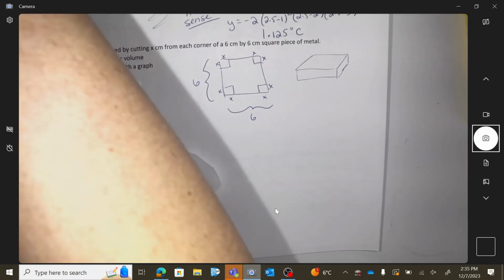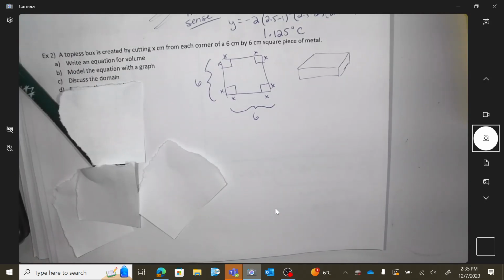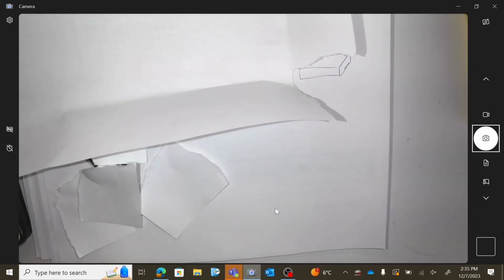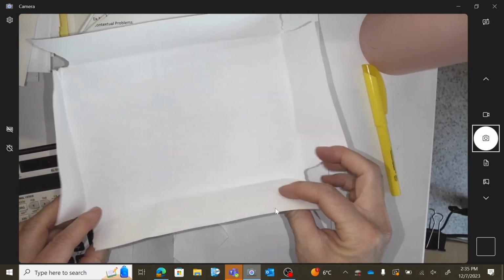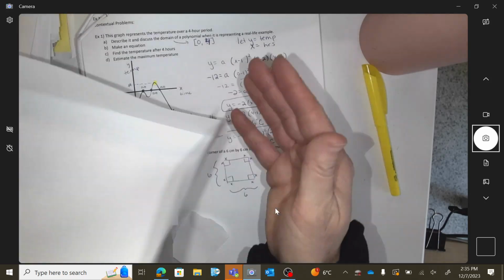I fold all the sides up. And what does it make? A box, right? So that's what you do. You cut the corners off, and then once you fold it up, it's a box shape.